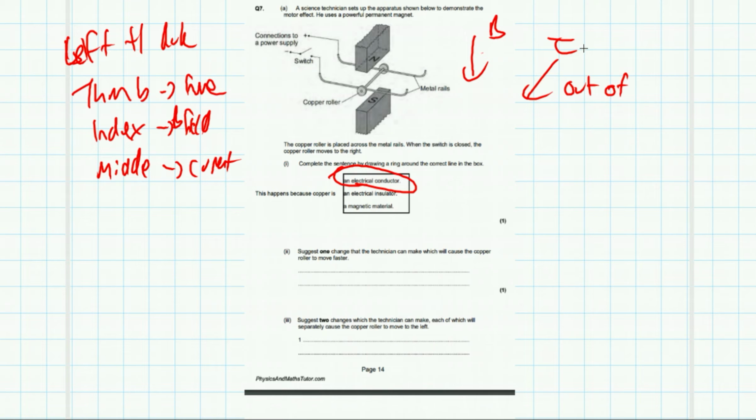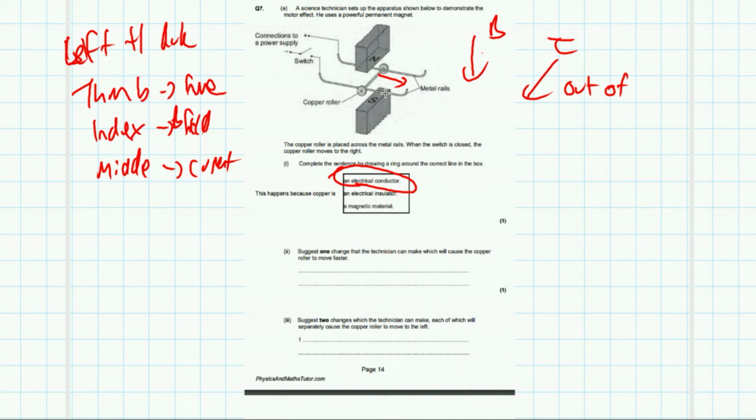The magnetic field goes from north to south, so that's downwards. You put your middle finger pointing towards you, and your thumb will stick out to the right, so the copper roller will move in this direction. And the reason the copper roller moves is because it's an electrical conductor.